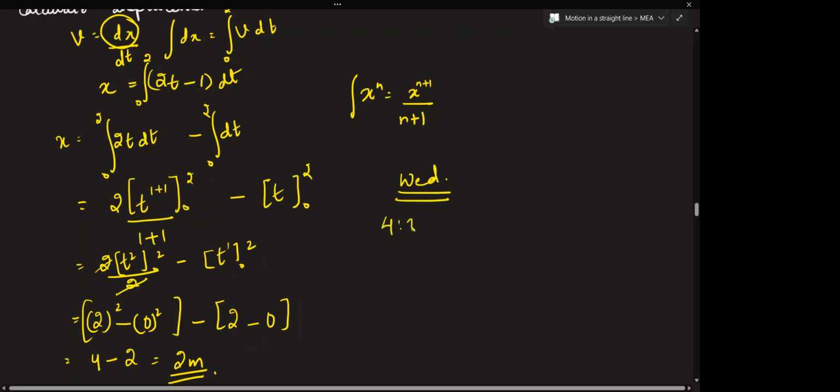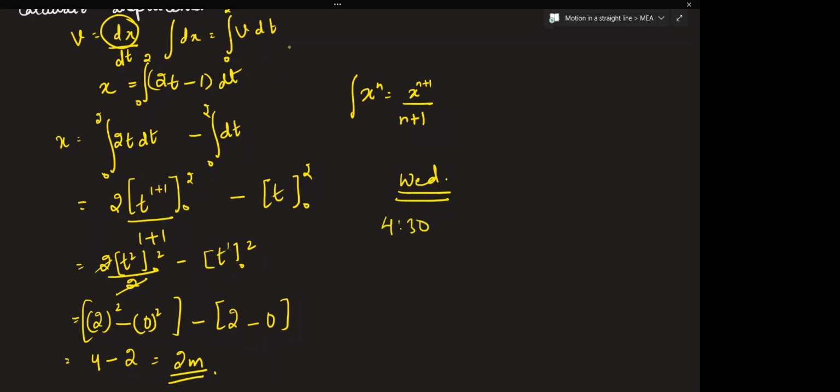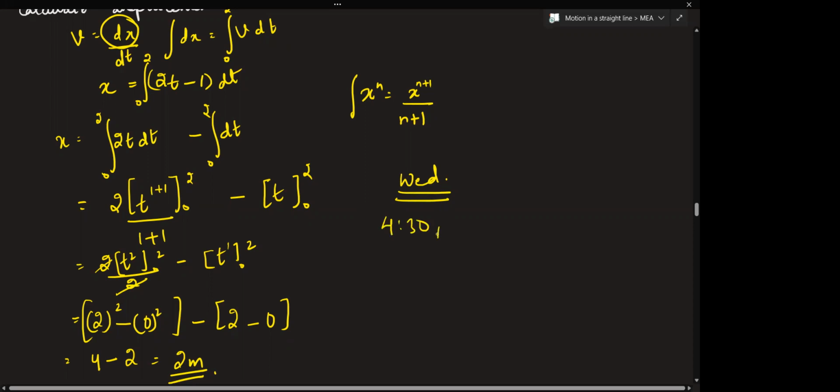So that is 4:30. Where are you, Aisha and Aram? Which country do you belong to? Qatar. All right, so there also the timing is 4:30. Let's have it at 4:30 PM KSA timing, and that becomes 7 PM IST for all those who are here.